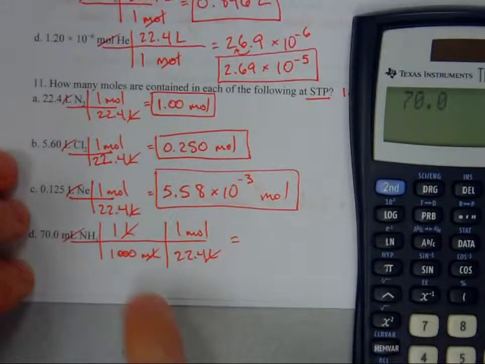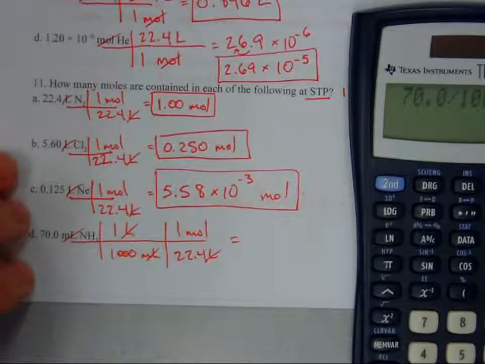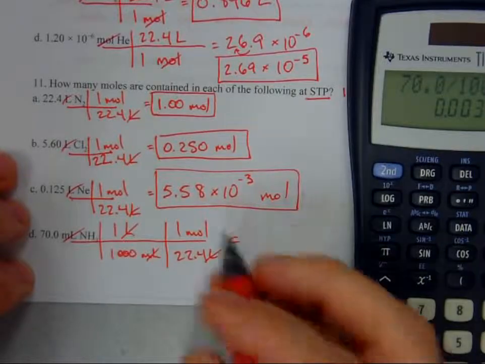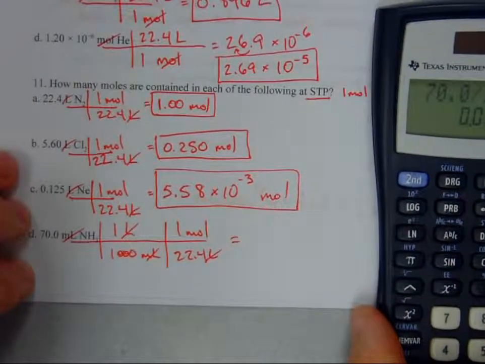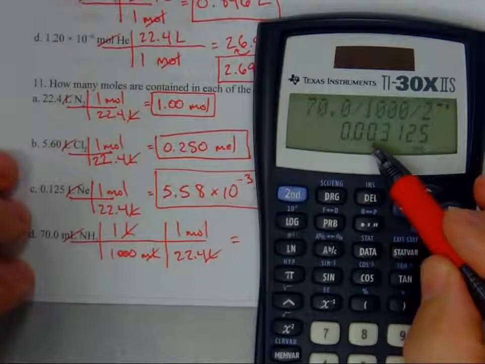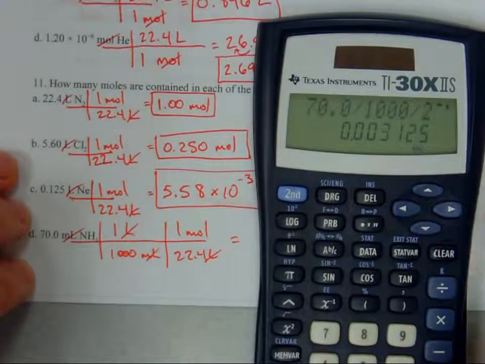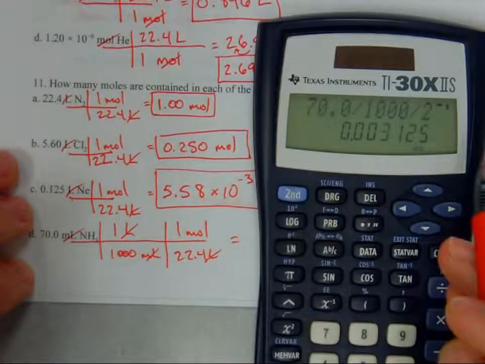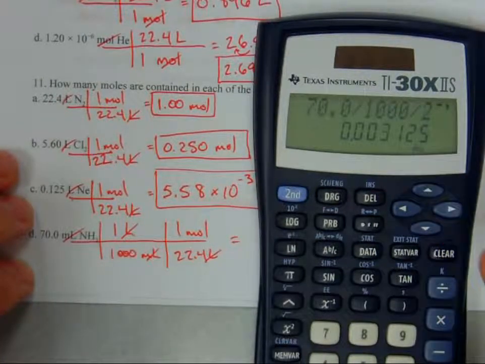70.0 multiplied by 1 multiplied by 1 divided by 1,000 divided by 22.4. I end up with, again, a pretty darn small number, and so I'll move the decimal 1, 2, 3 places. So again, sticking with 3 significant figures, this 5 is going to have me round up once.